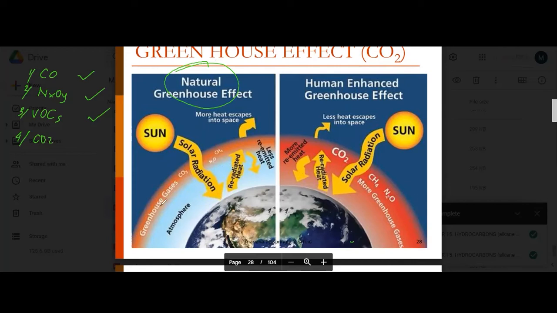So you can see that before, the greenhouse gas layer was only this thick, but because of human activity, the thickness increased. If the sun gives heat, the earth should release the heat again.